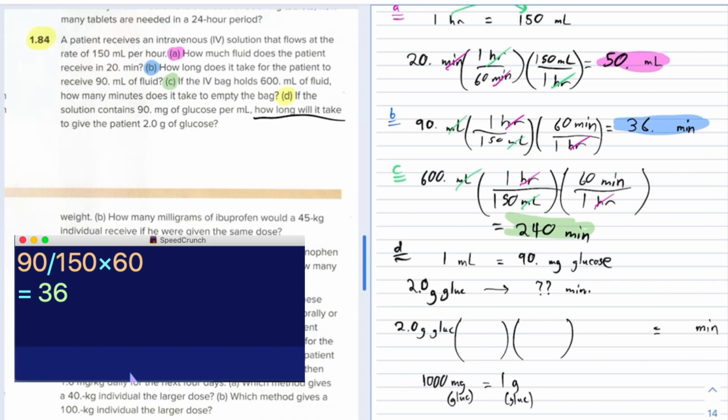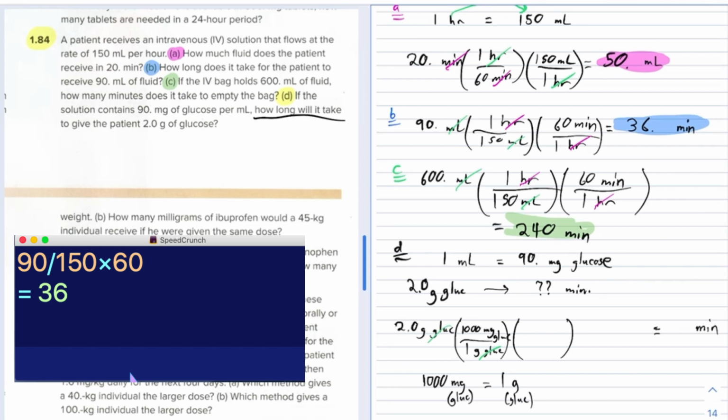So right away, we can use this one to get from grams of glucose to milligrams. Let's see if that leads us anywhere. 1 gram of glucose is the same thing as 1,000 milligrams glucose, and that gets rid of grams of glucose.